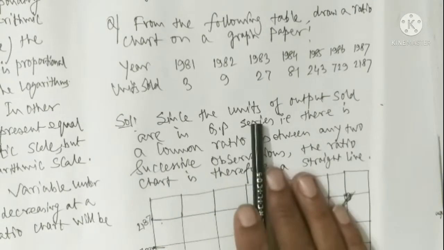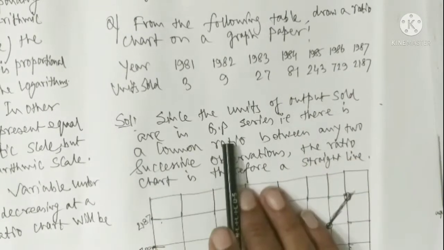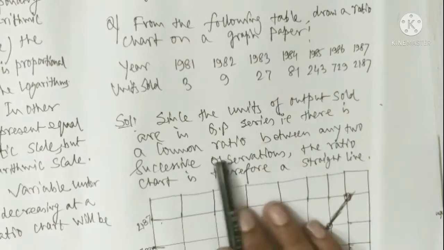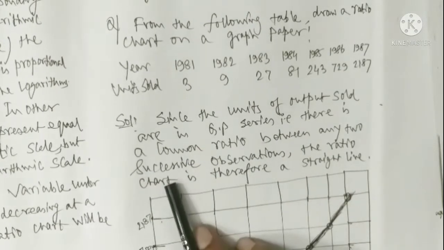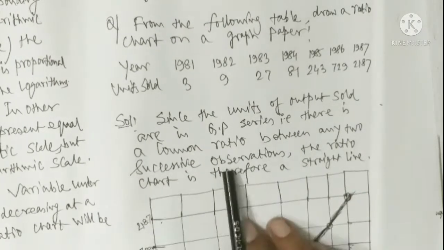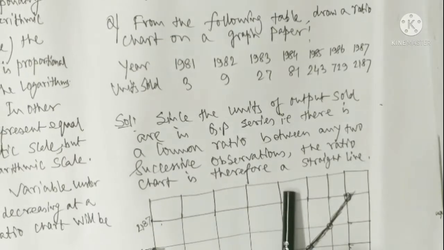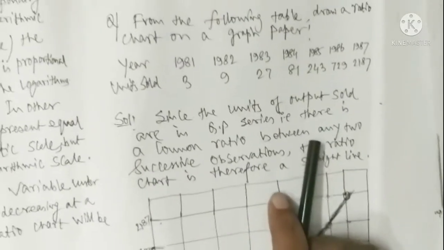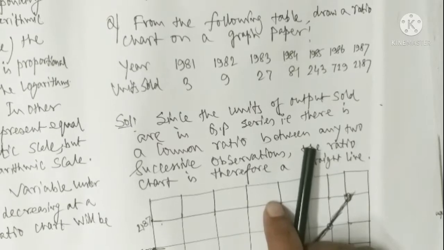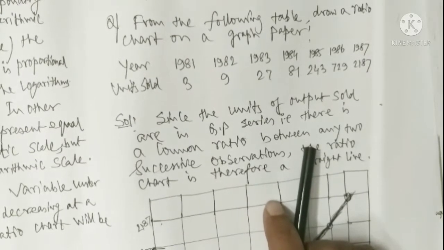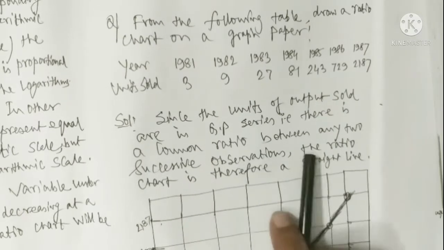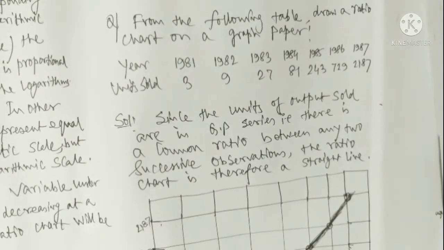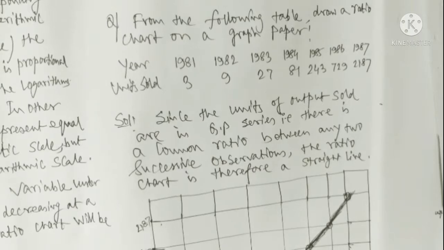Solution. Since the units of output sold are in GP series, there is a common ratio between any two successive observations. The ratio is constant here and it will produce a straight line. Our assumption was that if the ratio is constant, then this will produce a straight line.